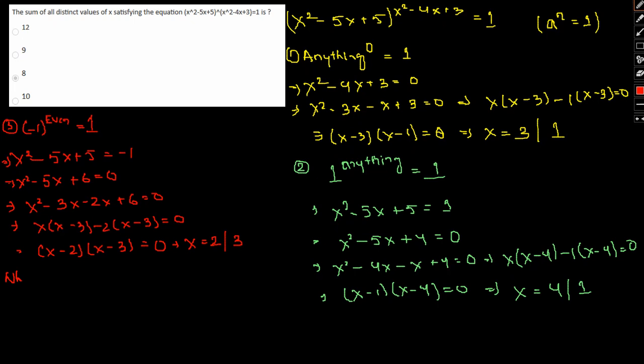So when x equal to 2, let me put this x equal to 2 in this equation, and let me see whether I attain an even value or not. Okay, so we have 2 square minus 8 plus 3, that is 4 minus 8 plus 3, so this would come out to be minus 1, which is odd.